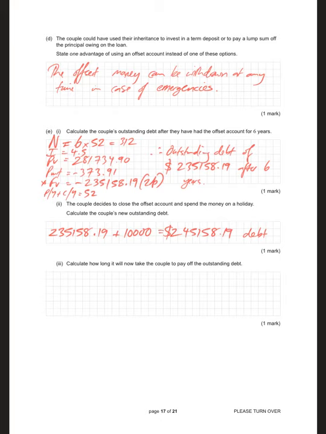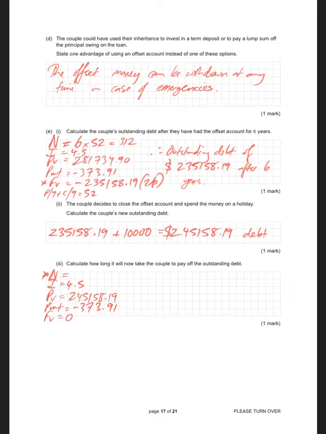Calculate how long it will now take the couple to pay off the outstanding debt. So how long is N? Solve for N. I is going to be 4.5. PV is now going to be $245,158.19. Payments remain the same, negative 373.91.